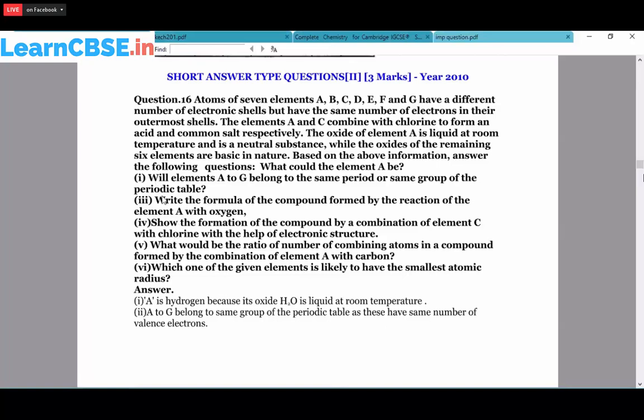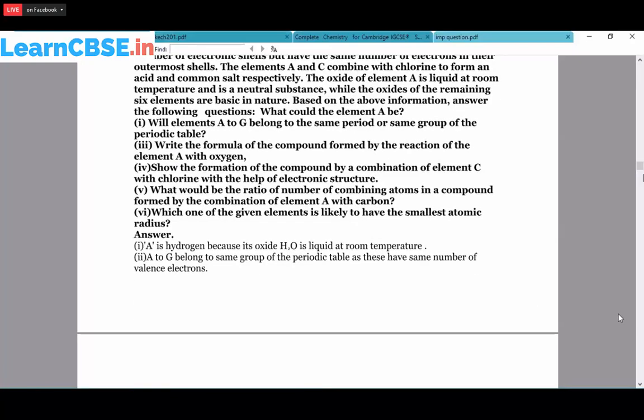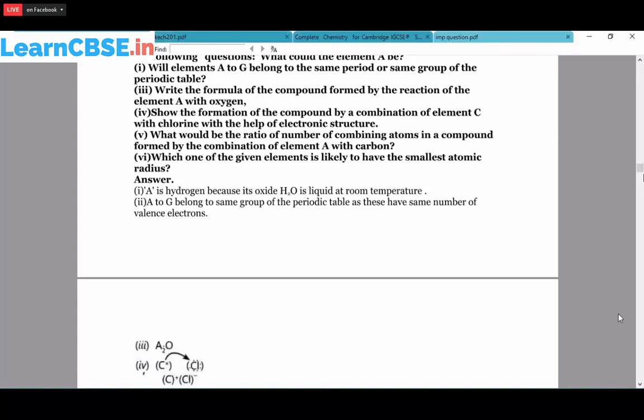Next question. Write the formula of the compound formed by the reaction of the element A with oxygen. Yes, that is H2O, right? Because A is the element hydrogen. When it combines with oxygen, it forms A2O. So the formula of the compound, right?